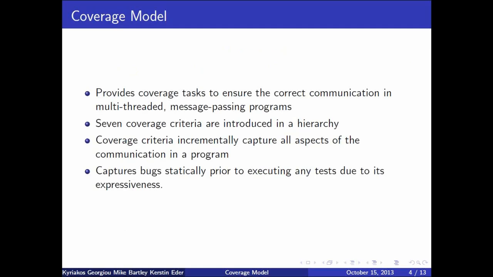The coverage model consisted of 7 coverage criteria introduced in a hierarchy, and the criteria were incrementally capturing all the aspects of the communication in the program. It is important that, due to its expressiveness, we were able to capture bugs statically, prior to running any test.